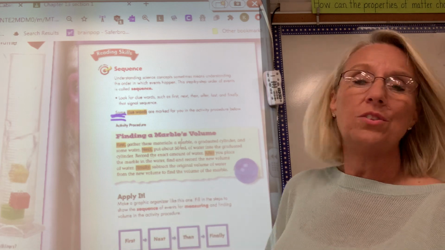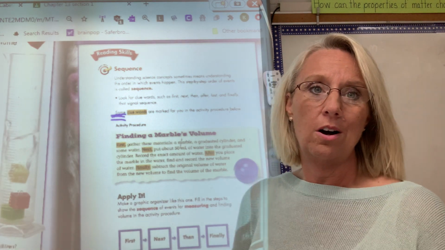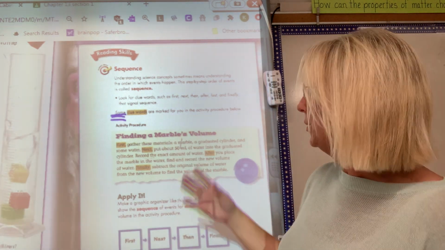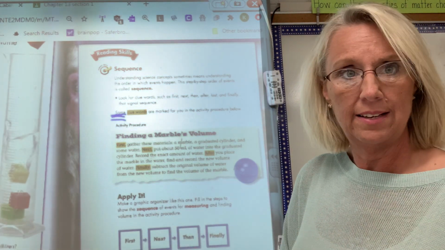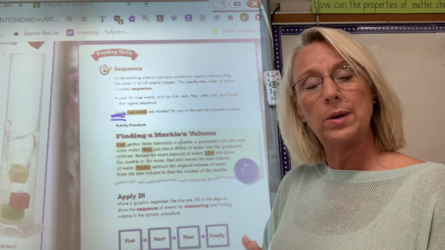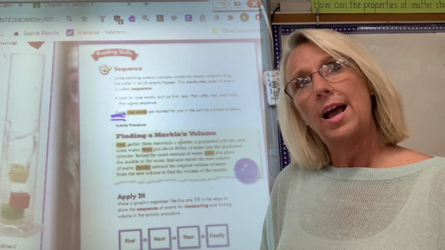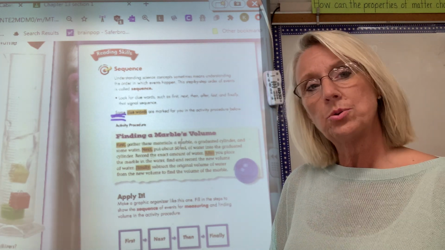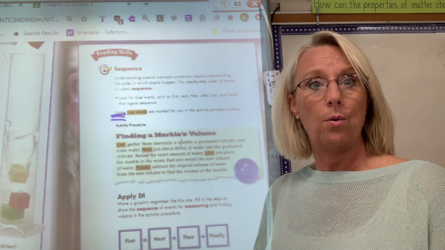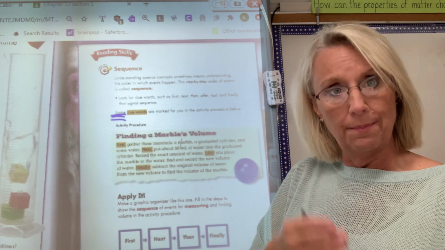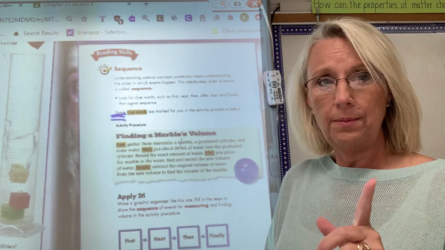Some of the clue words are highlighted here. So I'm going to read it through, and I want you to be listening for those sequencing words and or naturally occurring sounds that let you know that something has changed, okay?